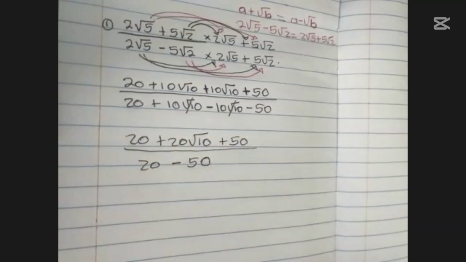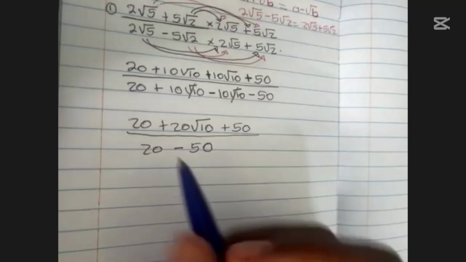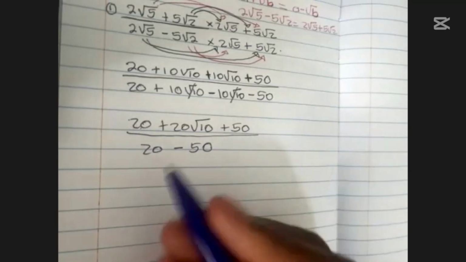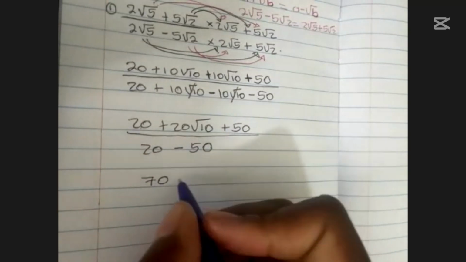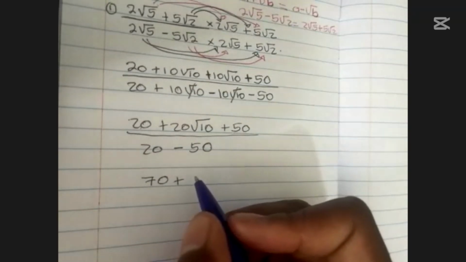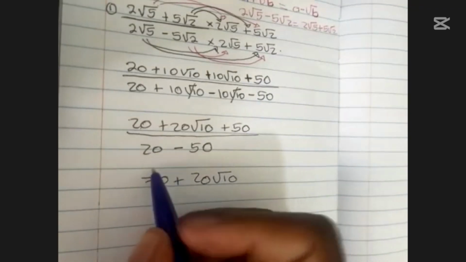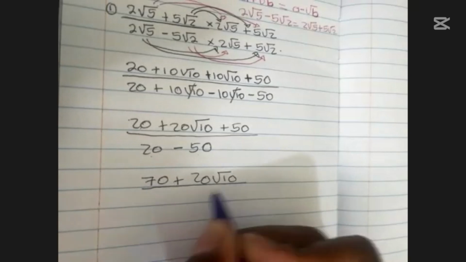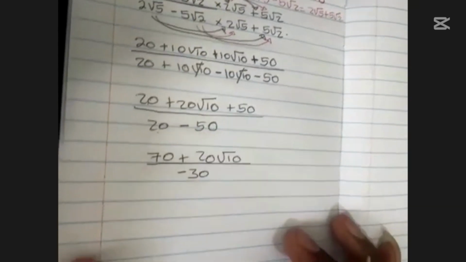Now we are going to add this 20 plus this 50. What are we going to get? We are going to get 70 plus 20√10. And 20 minus 50, you get negative 30.